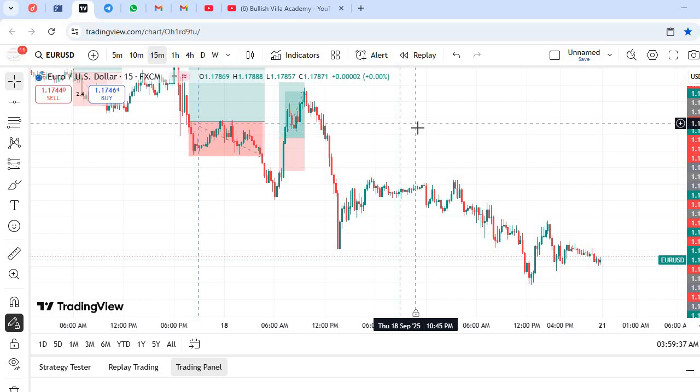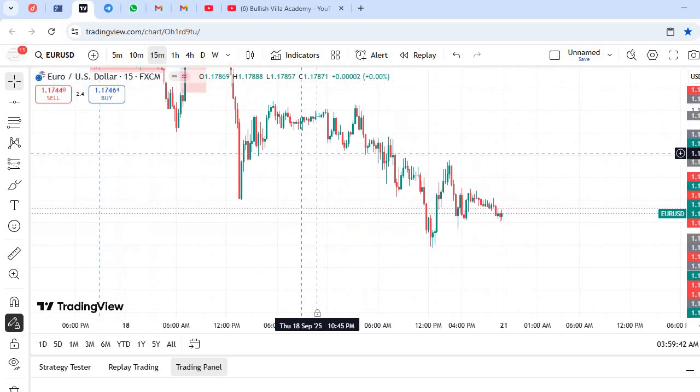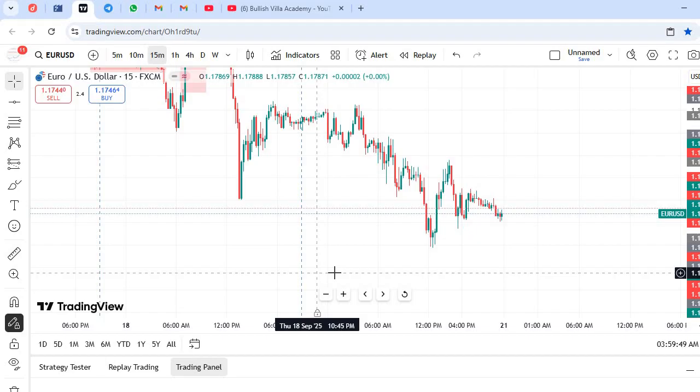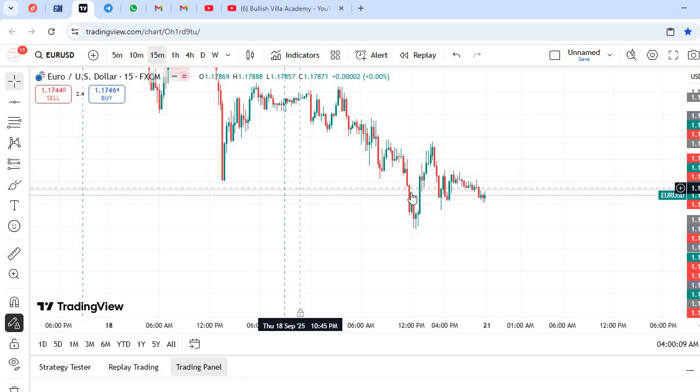Then on the 19th, the market had not much movement, but I took a scalp which I really over leveraged, and I lost 1.7 half on this trade.